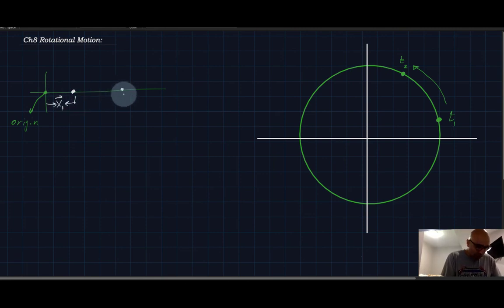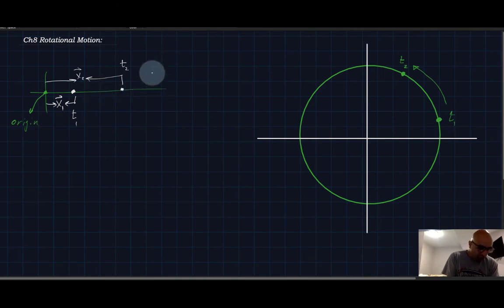And there's another position here. We also measure it with respect to the origin, so that's x2. This is one-dimensional motion. So the object at t1 was at position x1. Then at t2, the object was located at position x2.